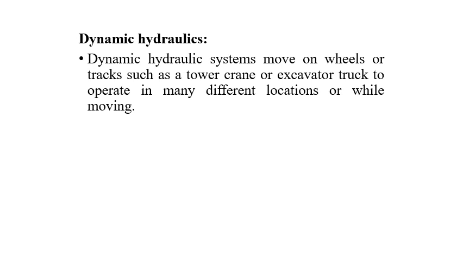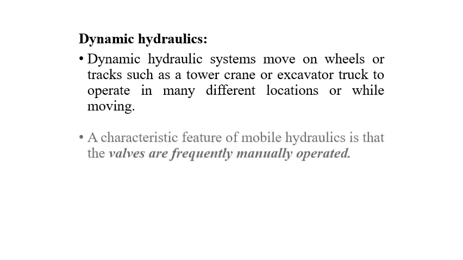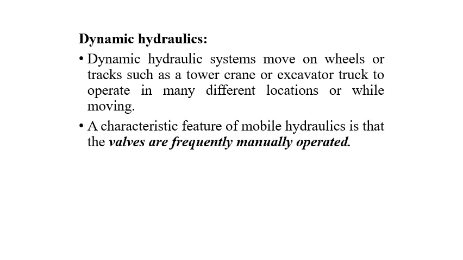See, in this case the hydraulic system is moving on its own track and performs its work in some other locations. A characteristic feature of this mobile hydraulics or dynamic hydraulics is that the valves are frequently manually operated. The valves are operated manually using manpower.